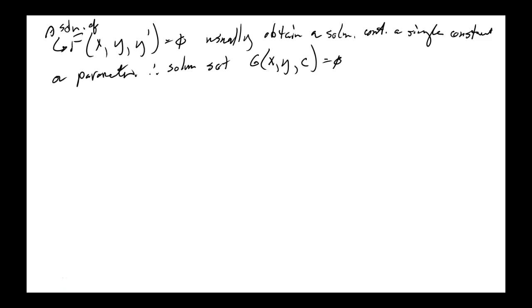That is then called a one-parameter family of solutions. My writing stinks. A one-parameter family of solutions. Okay.